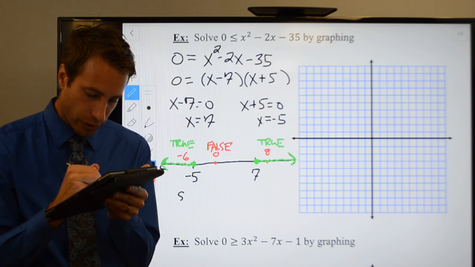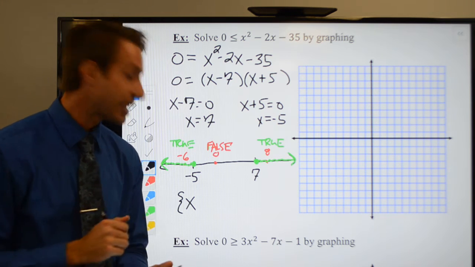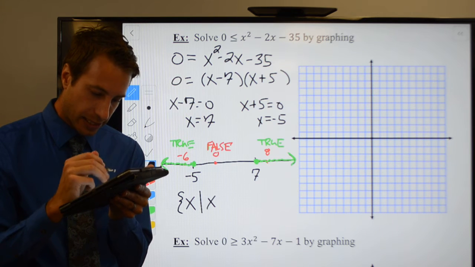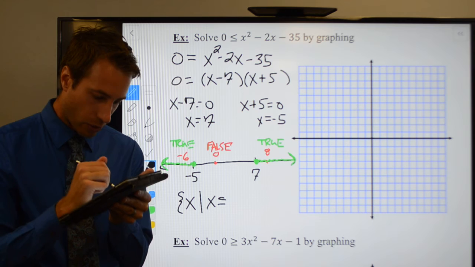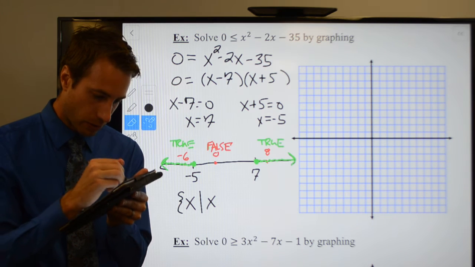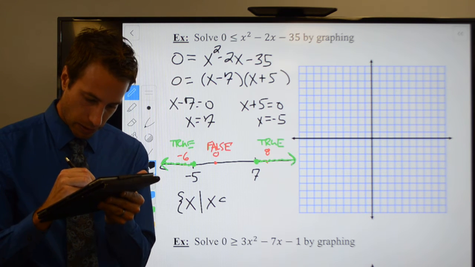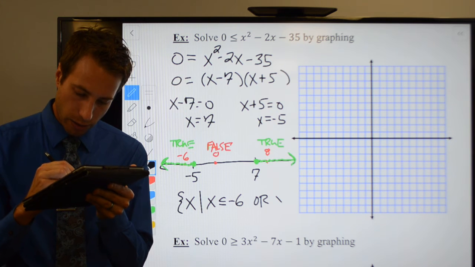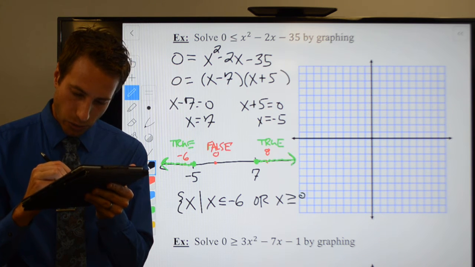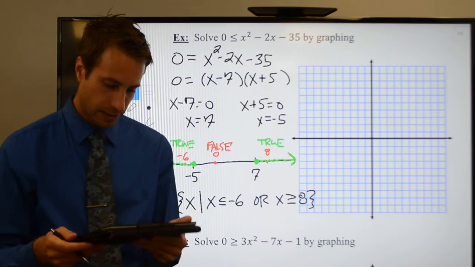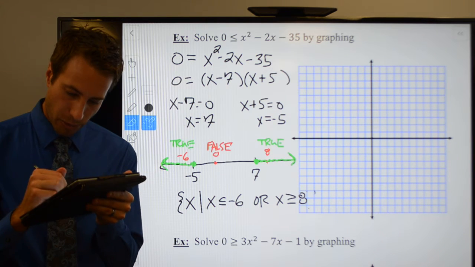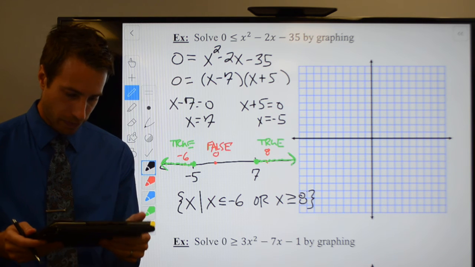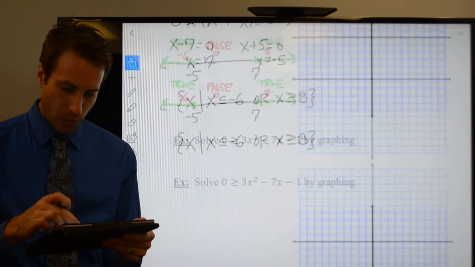And again, you're going to write your answer in interval notation: all values of x such that x is less than or equal to a negative 6 or greater than or equal to 8. And then close it with a bracket. There we go.